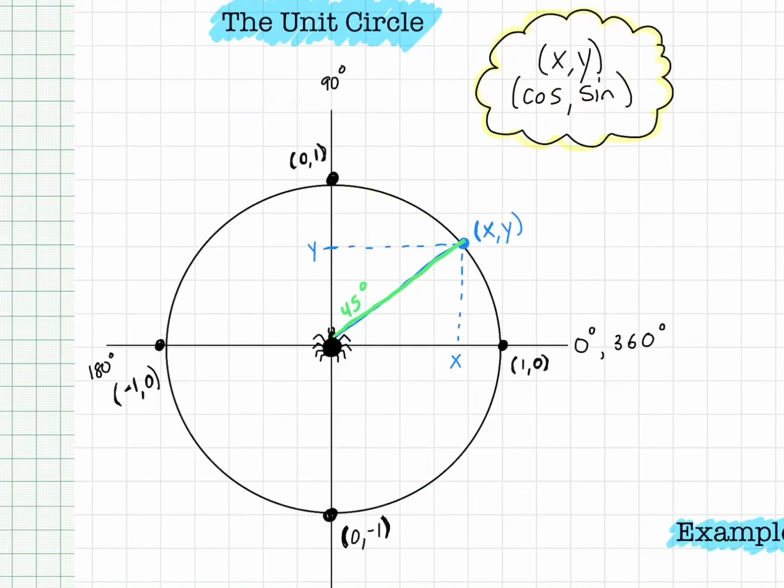And what I have to do now is figure out what this coordinate is going to be. Since I just made this 45 degrees, I can drop a line right here and imagine this as a triangle. If that's 45 degrees, then this is just my special 45 degree triangle. Because we have 1 as the radius, we decided that earlier.